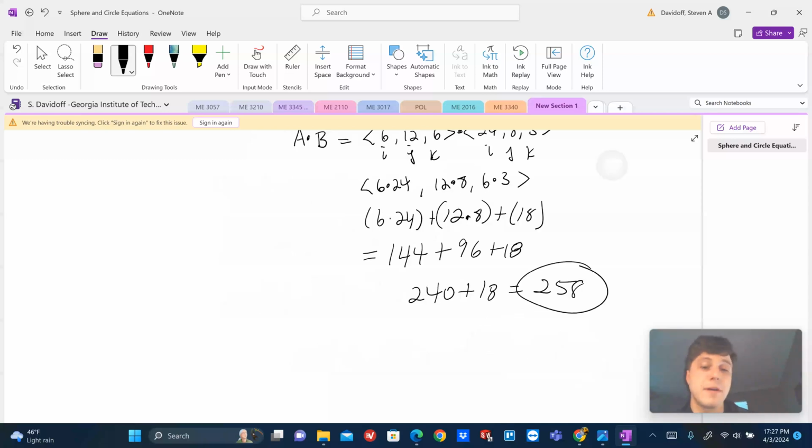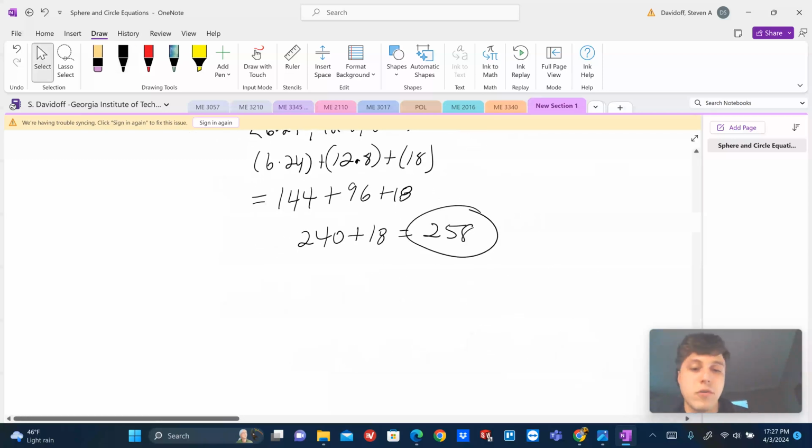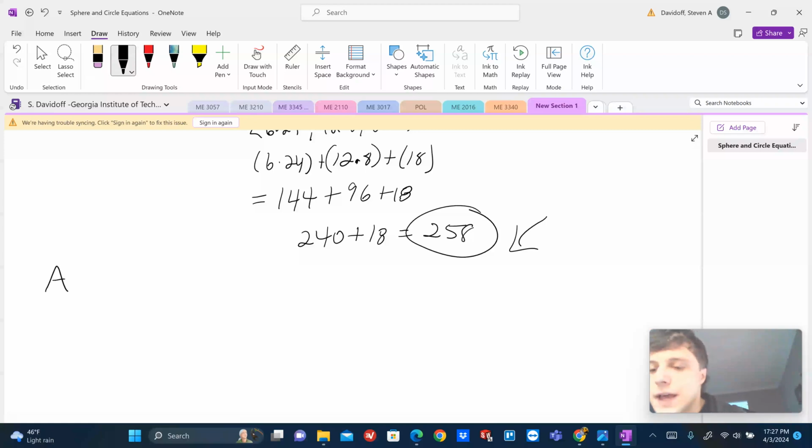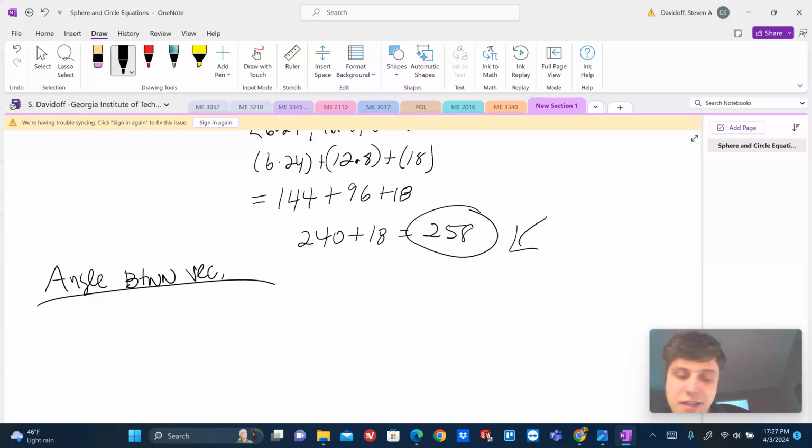So let's say I've got my magnitude right here, my dot product, and now I want to find the angle between the vectors. We have a formula for that.